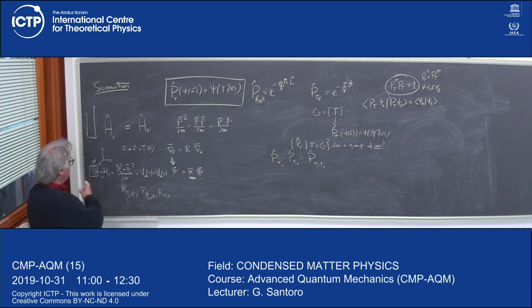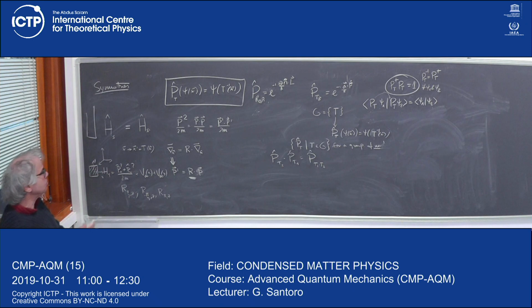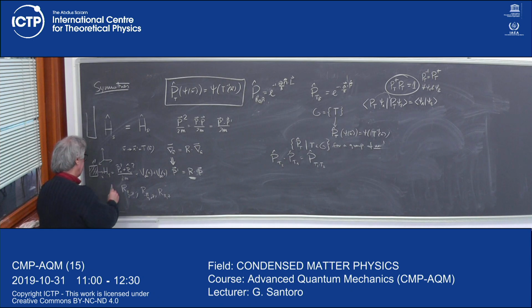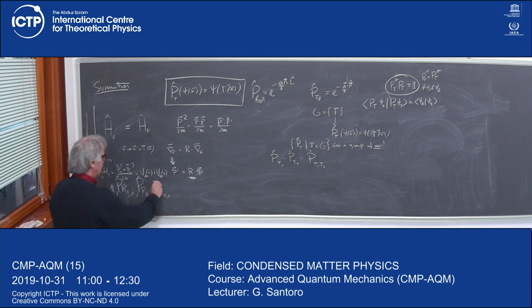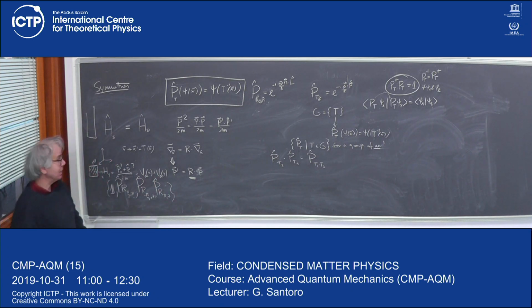So if I tell you what is the group of symmetries of this Hamiltonian, you might conclude immediately that this is equal to the identity, then the p associated to this rotation, the p associated to this rotation, and the p associated to that rotation. And that's it. The translation, in fact, is good for this, but it's also not good for this object.